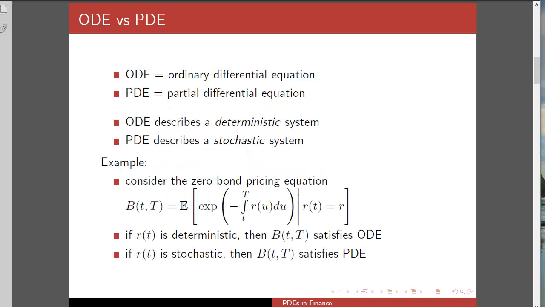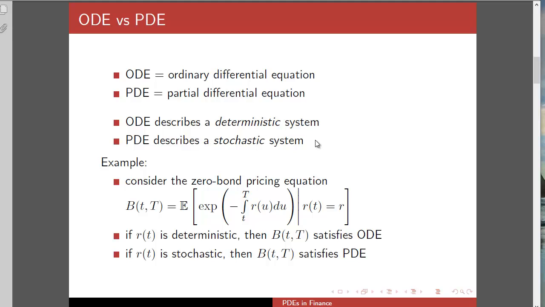All right. So what's the difference between an ODE and a PDE? ODE is a shorthand for an ordinary differential equation. PDE is a shorthand for partial differential equation. ODE describes a deterministic system, while PDE describes a stochastic system.